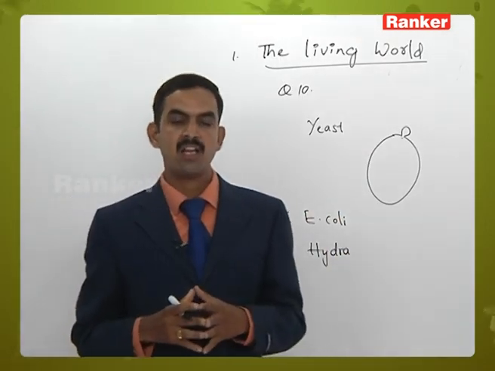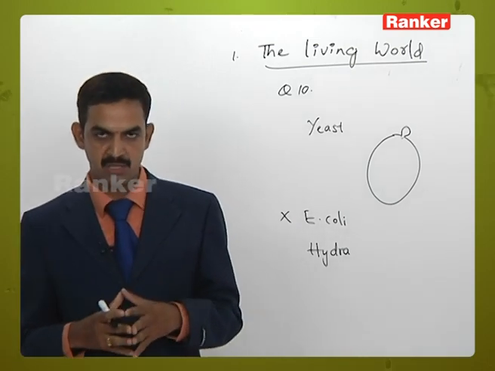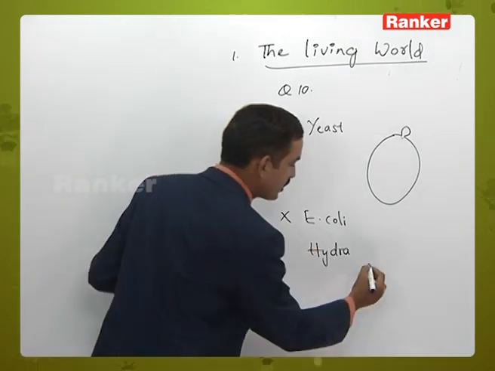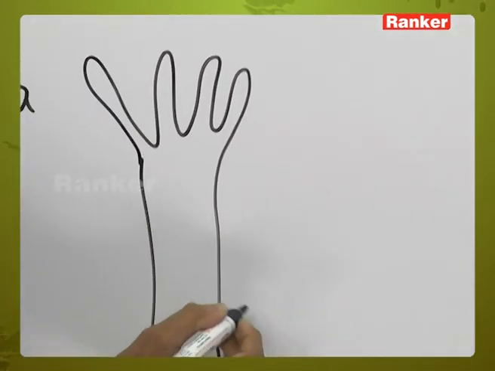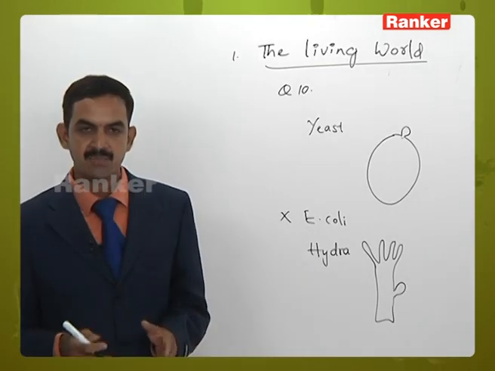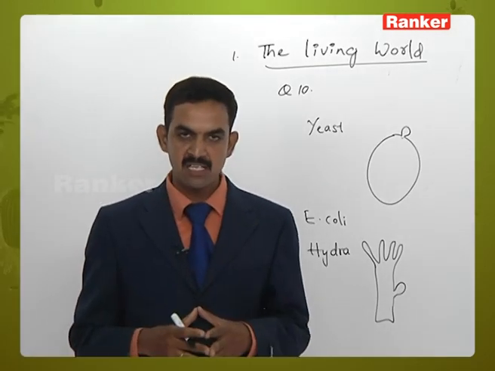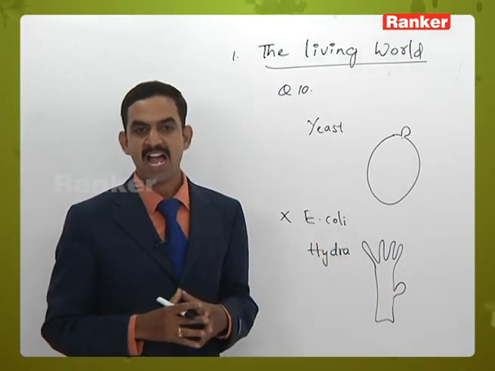Hydra is an animal which has tentacle-like structures. It also starts producing a small protrusion from one side, that is called a bud, and gradually that bud will separate out from the parent and develop into a daughter hydra.